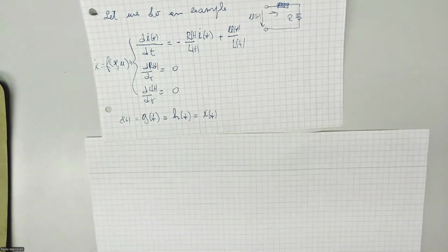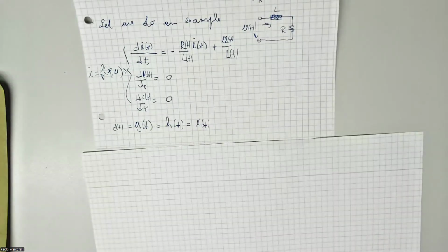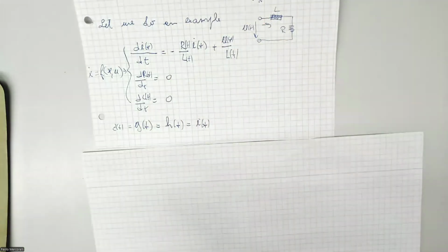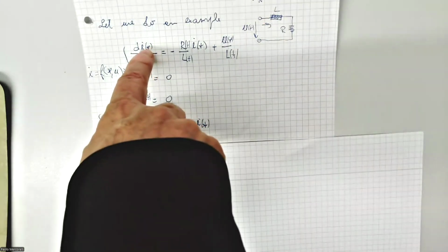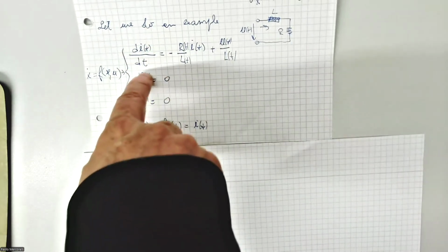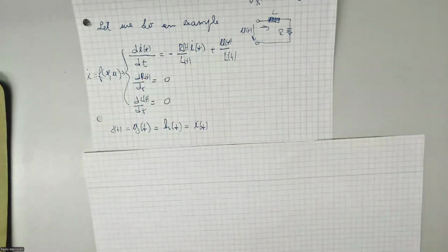I don't know if this is extremely trivial. Do you remember the gradient is a vector? Just to recall what the gradient is: having a scalar function, here we have a scalar function, h of t equal to the current. The gradient of h of t with respect to these three variables. I didn't write formally here, but the state is current, resistance, and inductance: I, R, and L. It is the vector which consists of the partial derivatives.